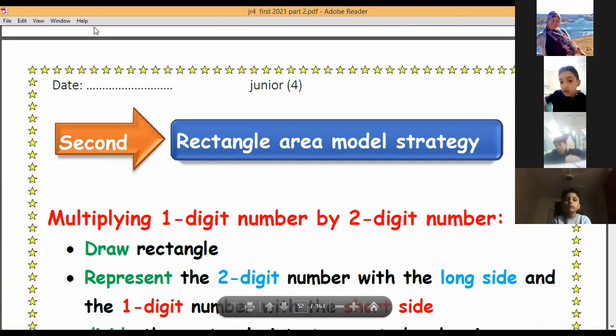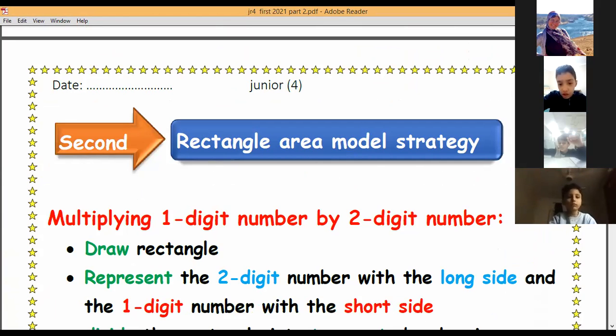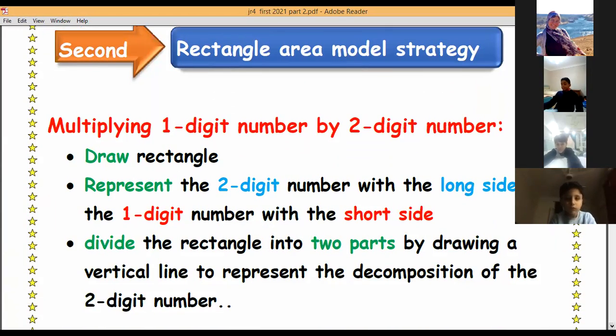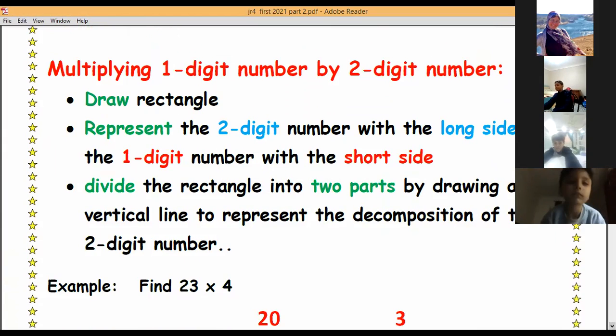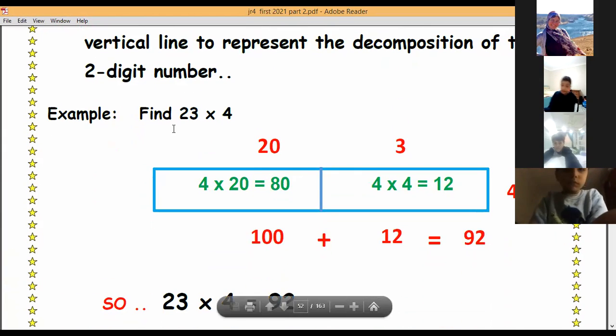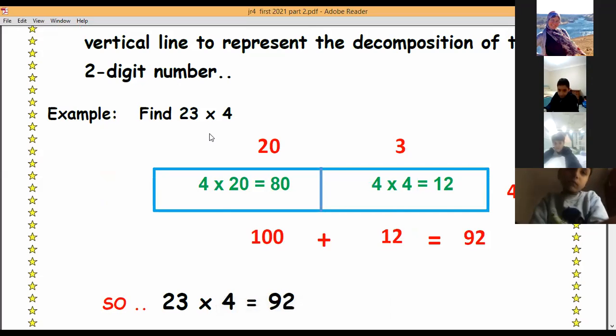So the second way here, Junior 4, is the rectangle area model. And please concentrate with me in this way, because I'm gonna use this one in the next lessons. So how can I make 23 times 4? Let's see.